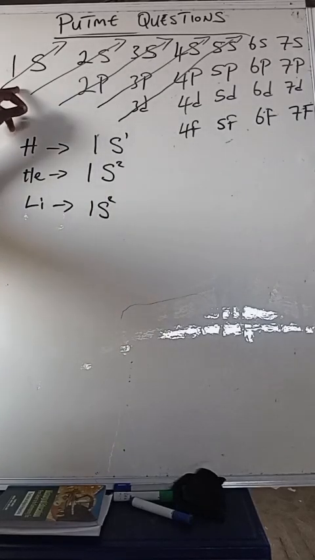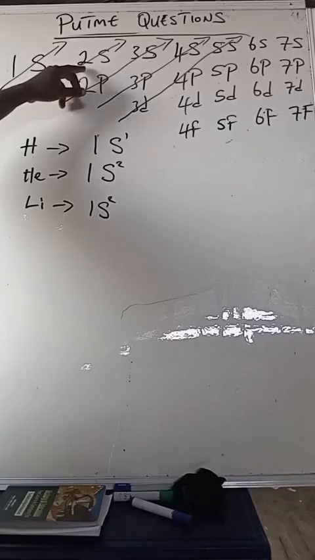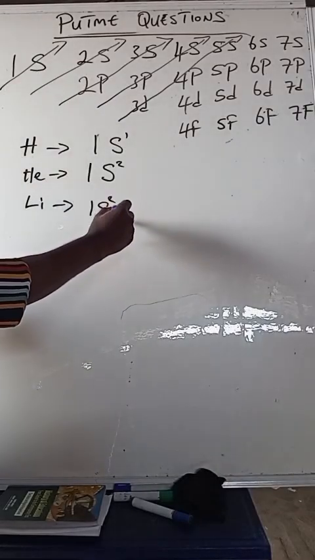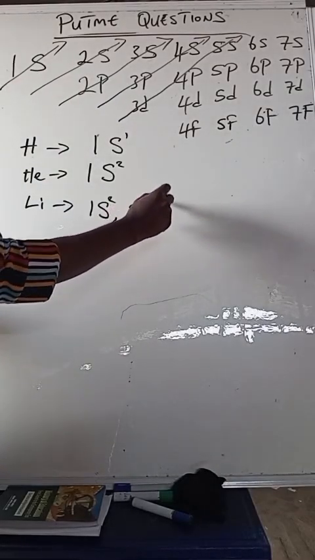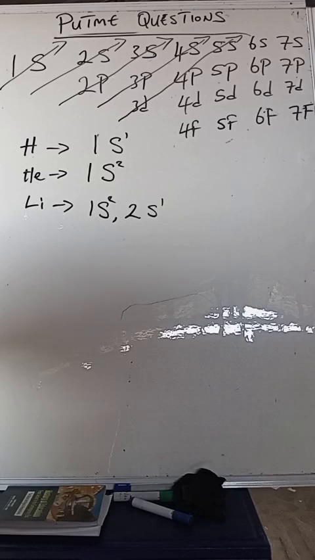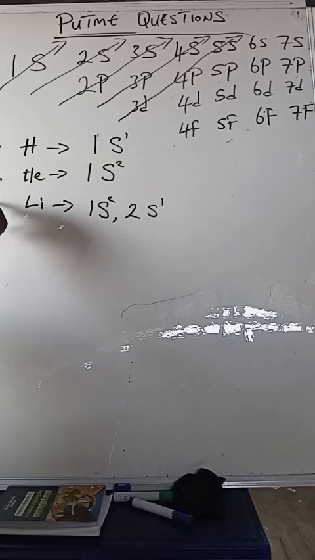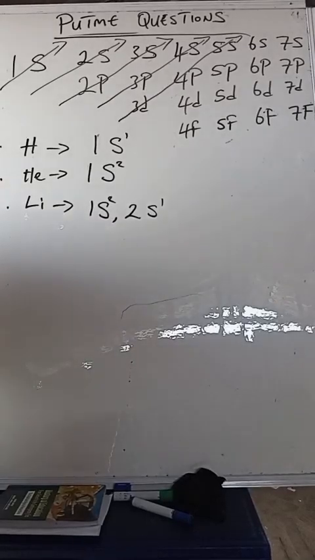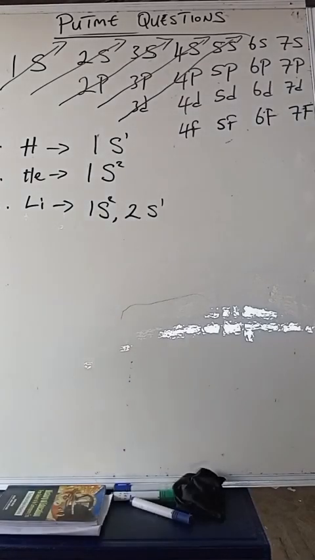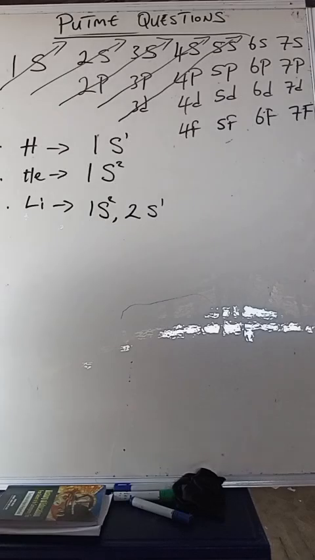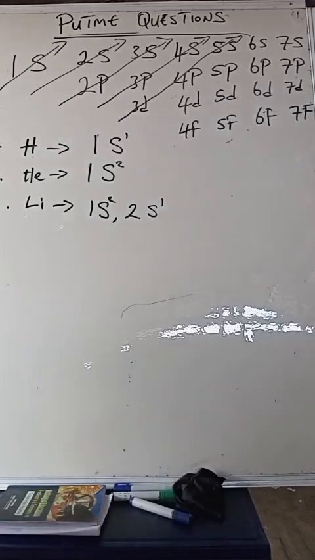The next one, following the arrow, will be 2s, so 1s2, 2s1, because the atomic number for lithium is 3. Let me write the atomic number here: 1, 2, 3. The first 20 elements are arranged based on their atomic number.